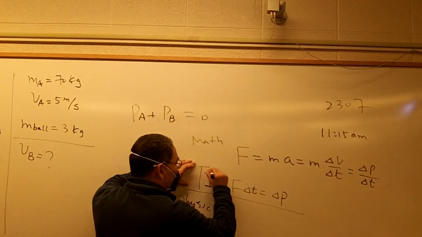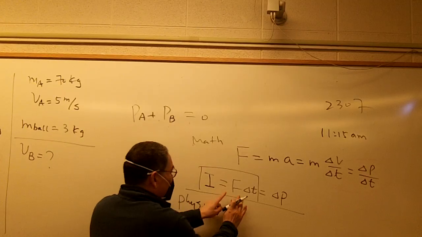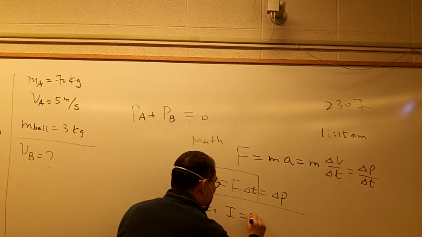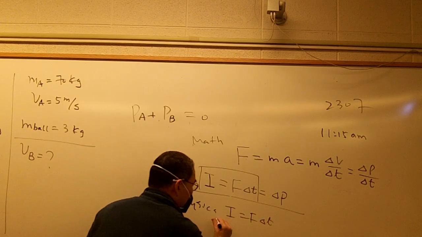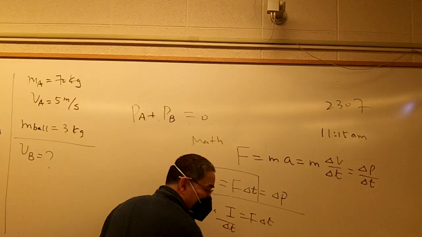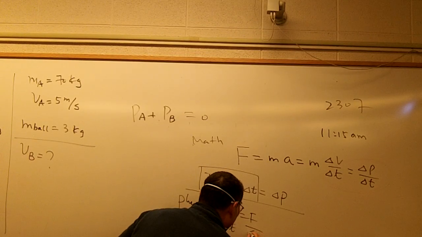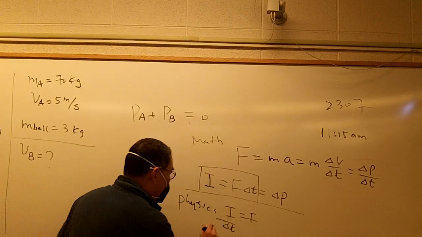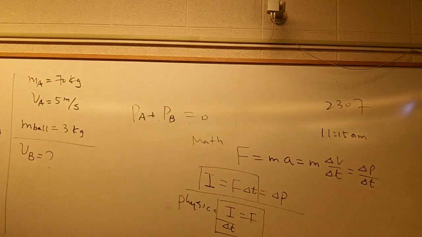We're going to use just this part of the equation as an example. So we have I equals F times delta t. Both sides divided by delta t, so the delta t on the right-hand side is gone. And this equation shows you the physics.